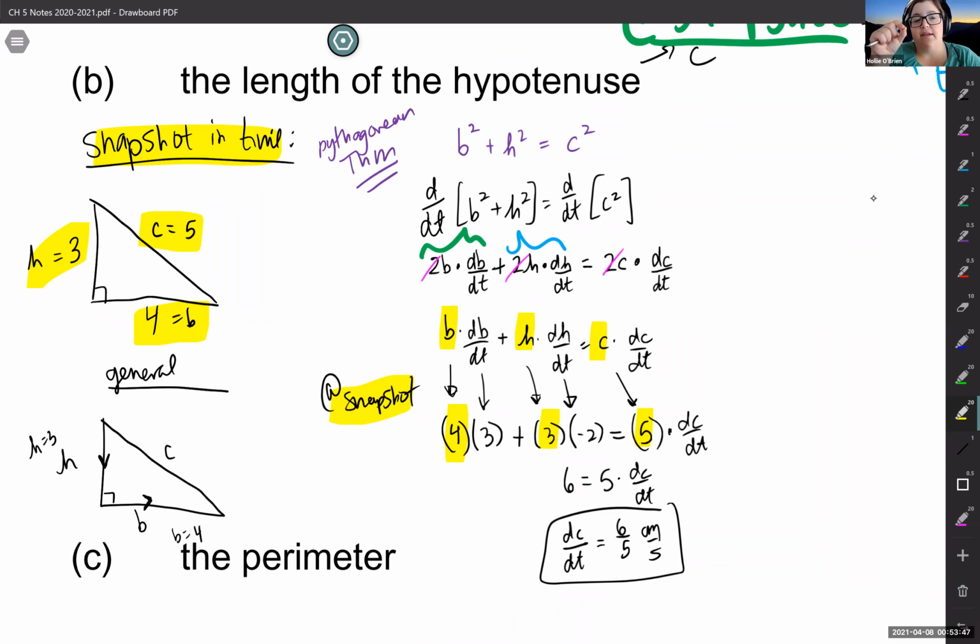The width, the base, is changing at a constant rate. So this rate of change of the hypotenuse is only true for this one moment in time. Okay, so part C is a little faster, part D is a little harder.